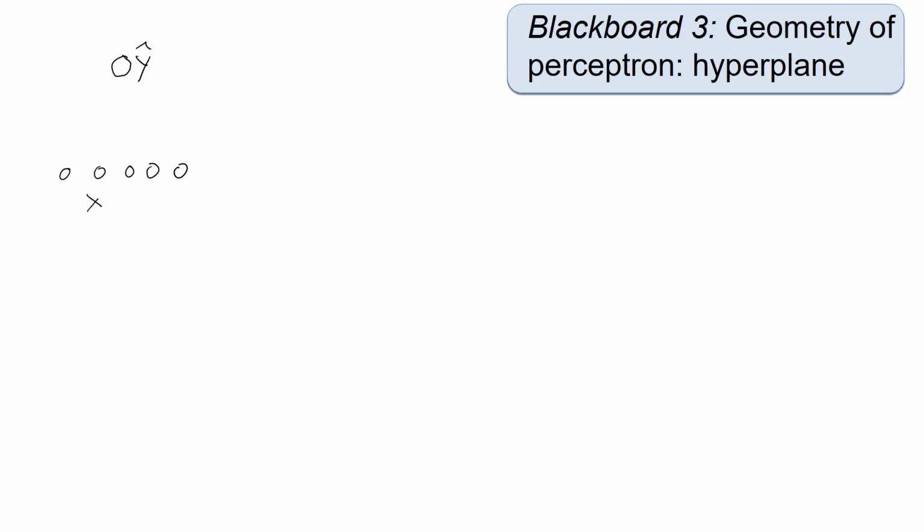Say this is input neuron xk, so there's a link, and this link has a weight, and this weight would be wk, and of course all of these different input neurons, input pixels, are connected to this output, and my output is given by g of sum over k, wk, xk.